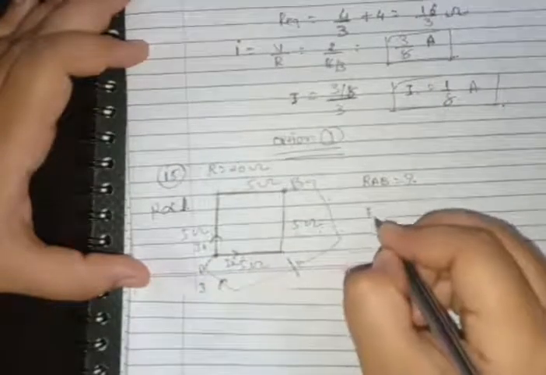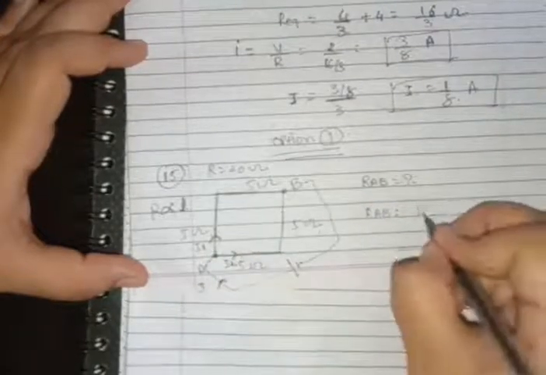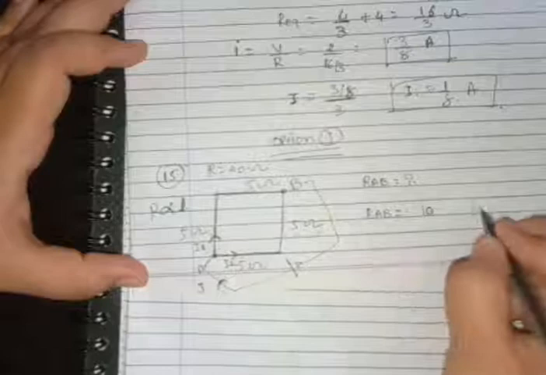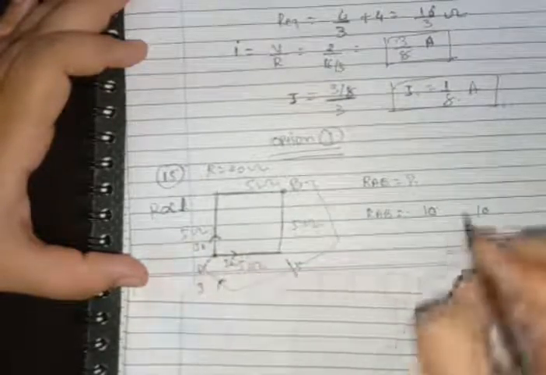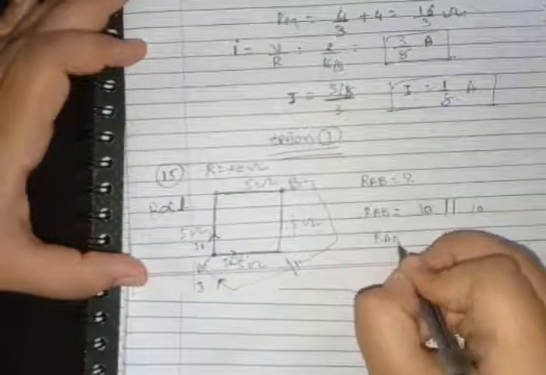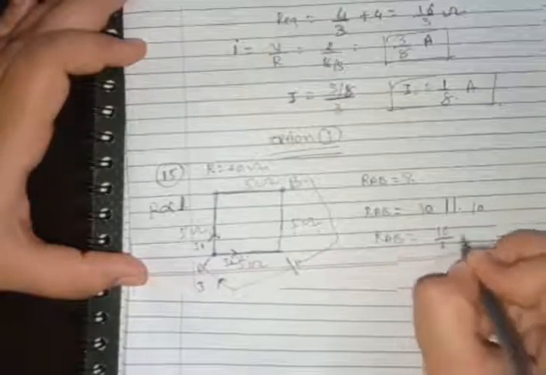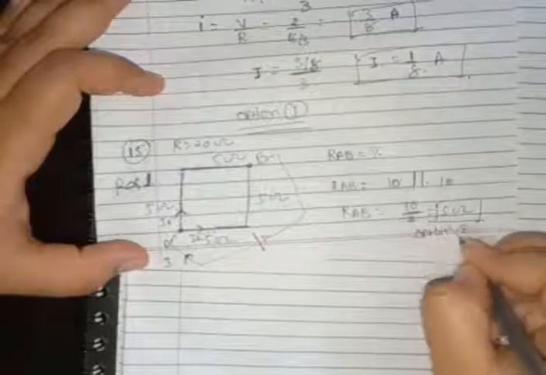So RAB can be written as 5 series 5, that is 10. This is also 10, and as current is divided in these 2 parts, they both are in parallel. So RAB will be 10 by 2, that is equal to 5 ohm. So option 2 is the correct option.